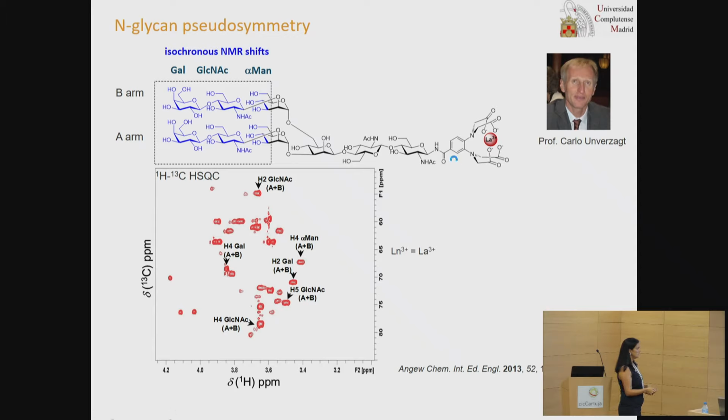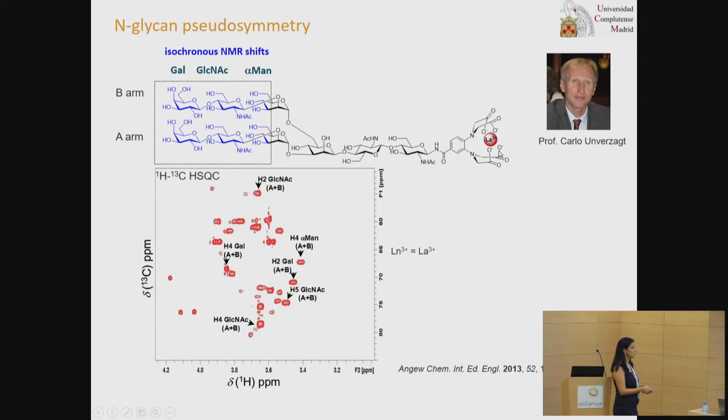And in this spectrum, you can see the standard HSQC proton-carbon 13 spectrum of this molecule, and this is the reference. We always have to measure 2 spectra. One is the reference in diamagnetic conditions. In this case, we use lanthanum, which is not paramagnetic.